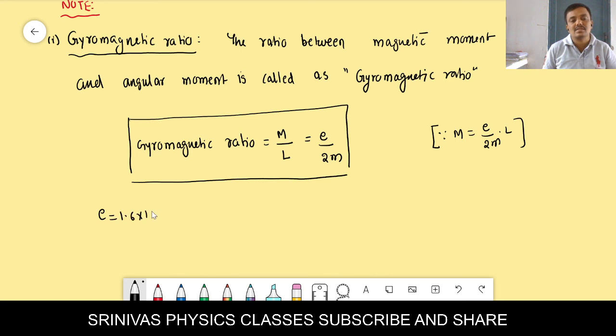We know e is 1.6 into 10 to the power of minus 19 coulomb. Small m is the mass of electron. Its value also we know, 9.1 into 10 to the power of minus 31 kg.